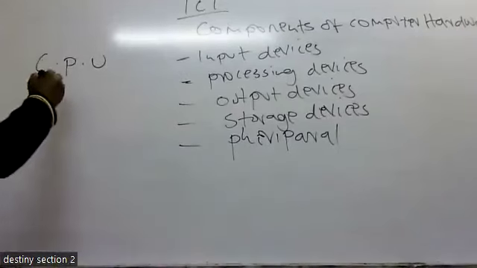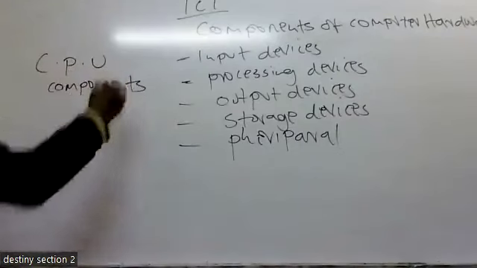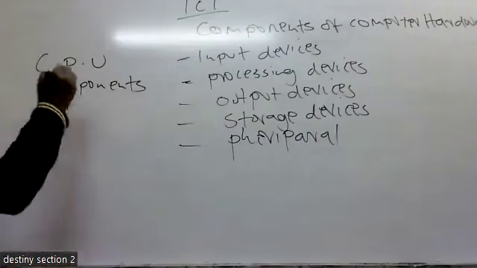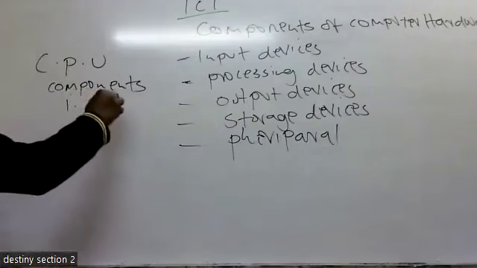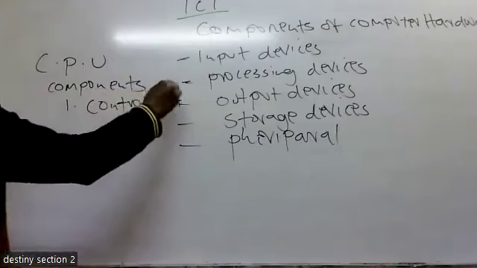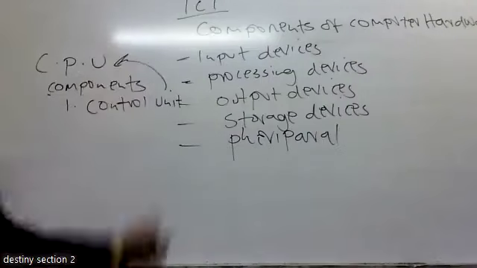And I remember also that the CPU has its components. We have 3 components. One is the control unit, which is one component of the CPU.